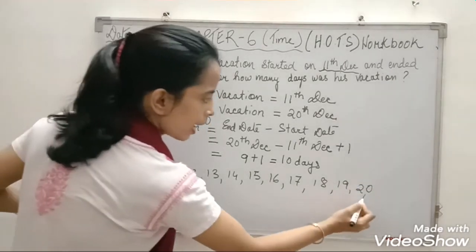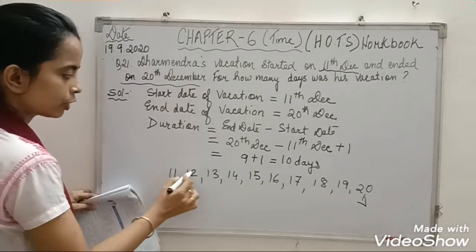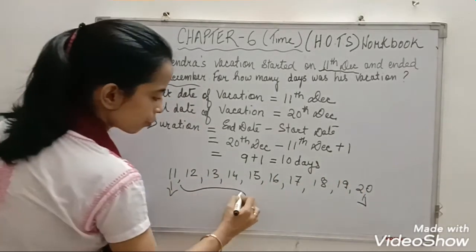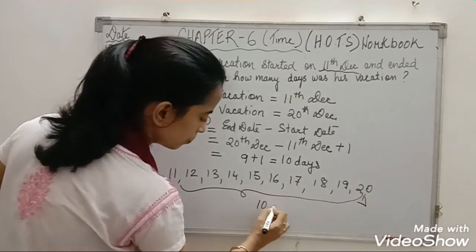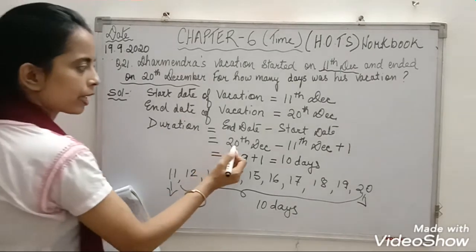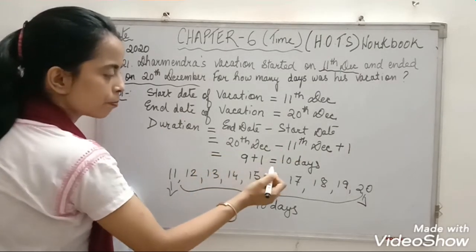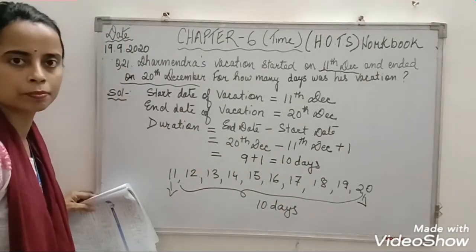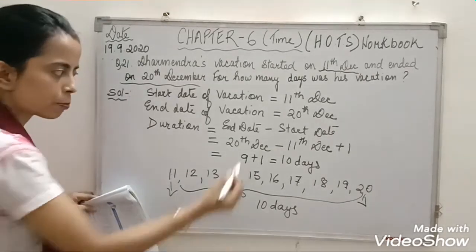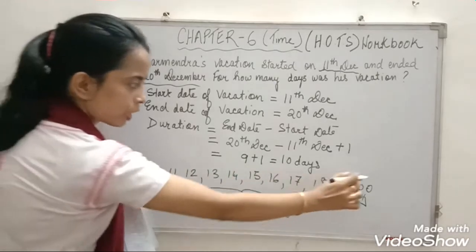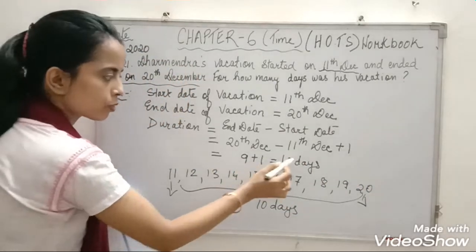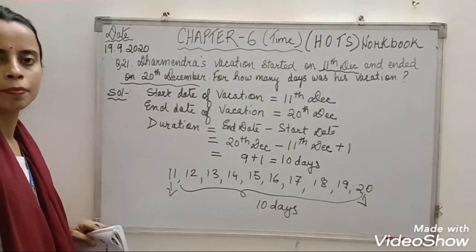Starting at 11, ending at 20: 1, 2, 3, 4, 5, 6, 7, 8, 9, 10. So from 11 to 20 is 10 days. Once you subtract end date minus start date, you get 9, and plus 1 equals 10 days. Understood, children? That's why 9 plus 1 equals 10 days.